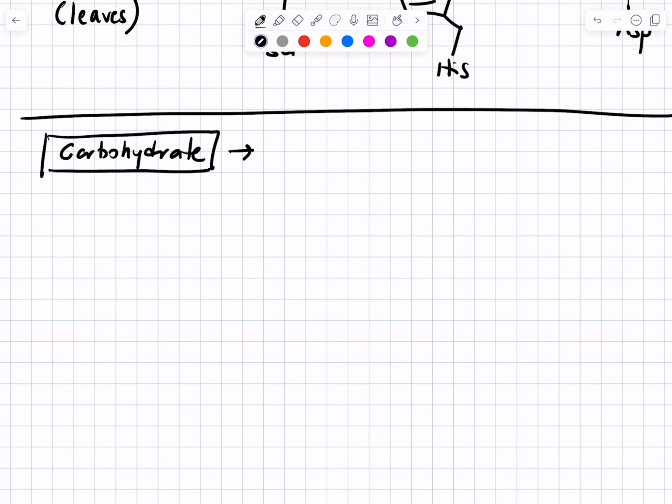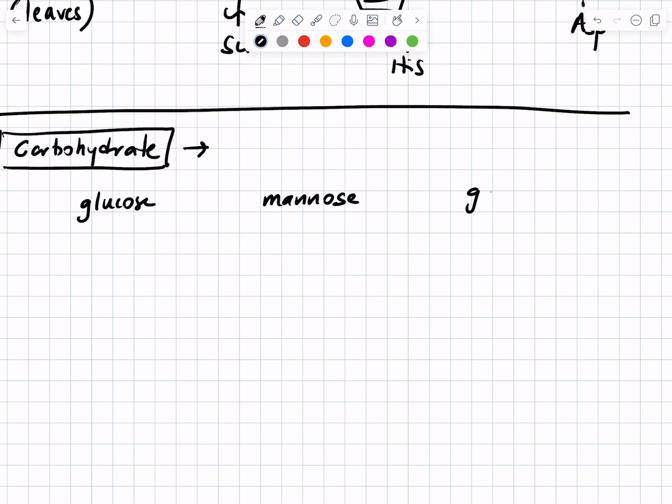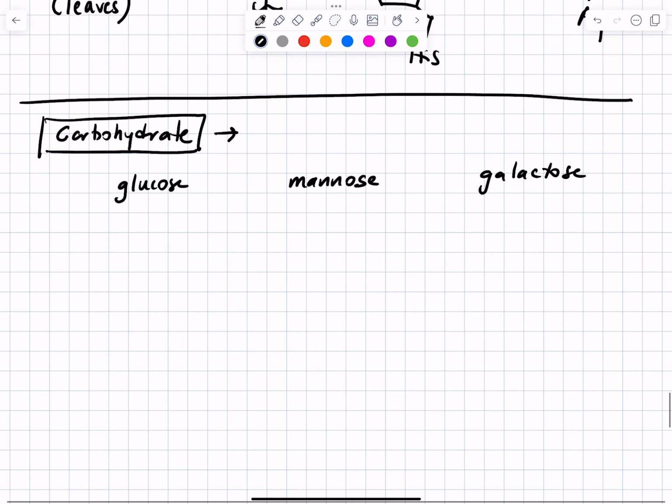Carbohydrates. To some extent, this is going to be nice and review-like because you've already done a lot with cyclic hemiacetals. There are 3 carbohydrate structures I want you to know because there are sort of 3 6-carbon carbohydrates that are really important in biology. Glucose, mannose, and galactose.